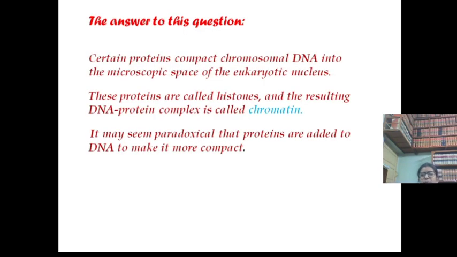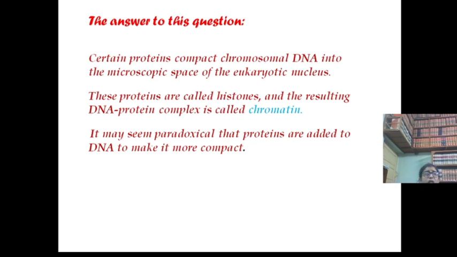So the answer to this question is, certain proteins compact DNA into the microscopic space of the eukaryotic nucleus. DNA is negatively charged. So the proteins which will be binding to it will be positively charged, of course, otherwise why should it bind?